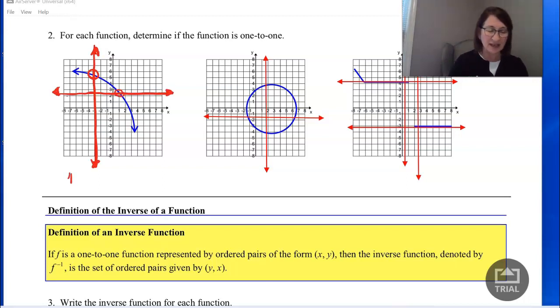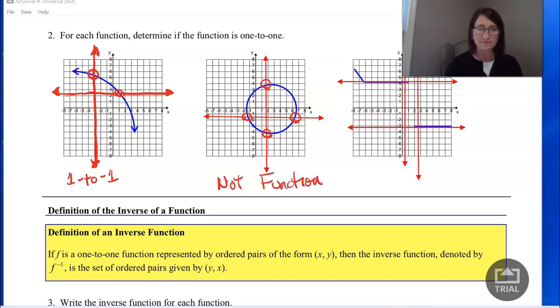So this is a one-to-one function. Now let's look at our middle graph. I see with my vertical line that it intersects in two spots. Same with my horizontal line. So this is not a function at all.